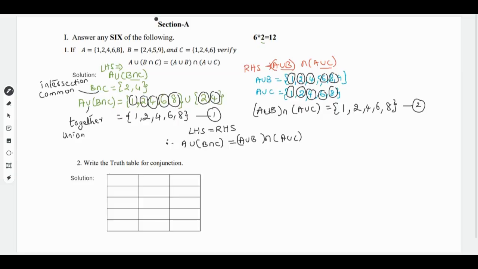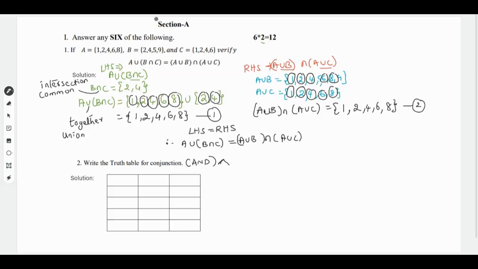Now moving to the second question: write the truth table for the given conjunction. What is meant by conjunction? Conjunction is nothing but AND.